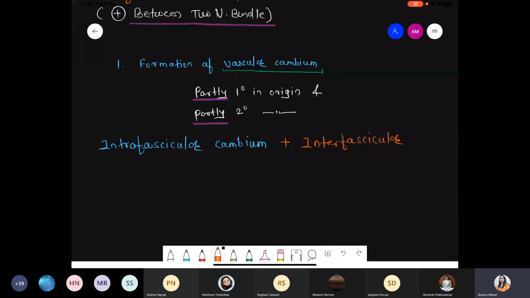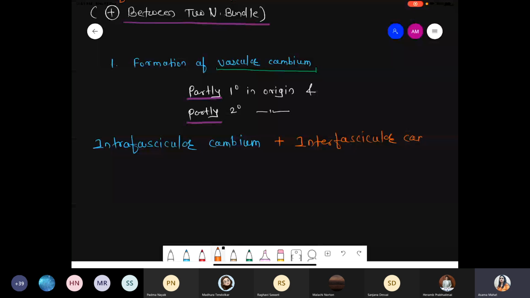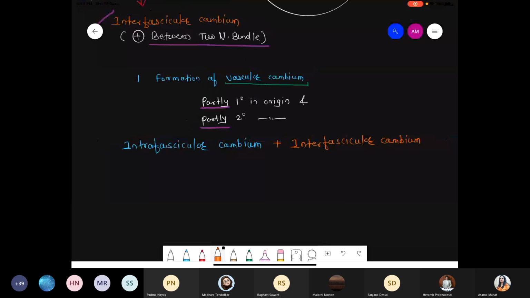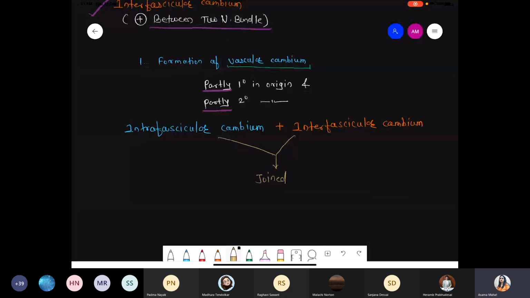Inter plus intra, both these cambia join with each other, and after the joining they form a typical structure. That structure is called the vascular cambium.